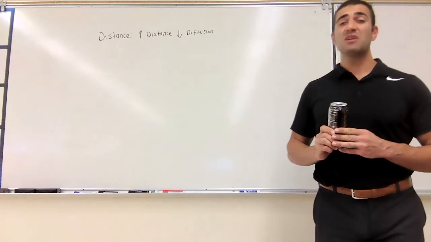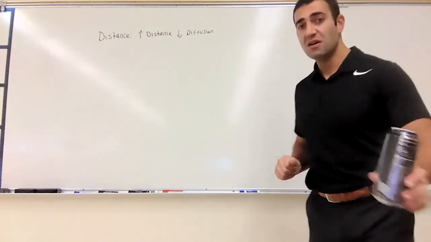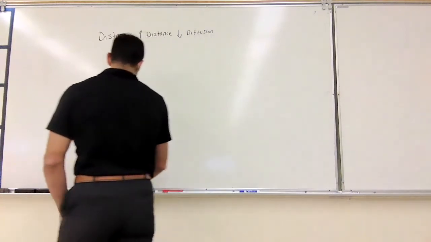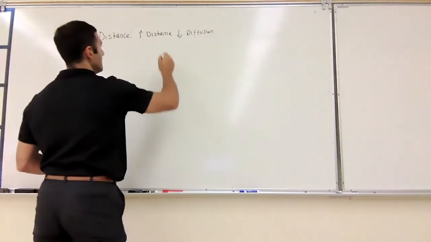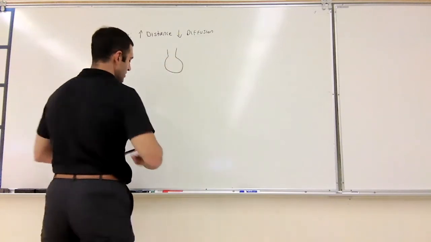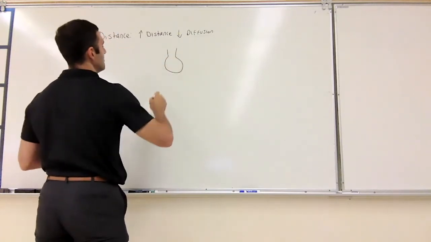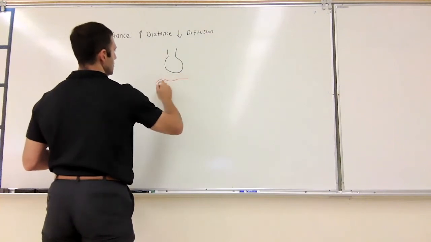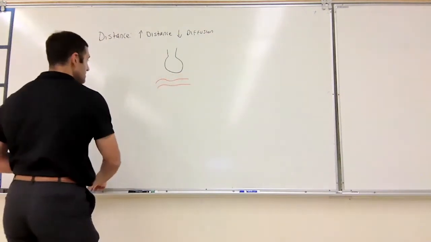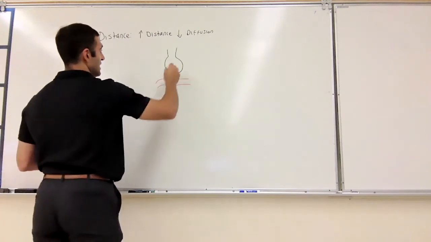Now, this is what occurs in a type of hypoxia called pulmonary edema. What happens here is that you have the alveoli, which is in this black bubble here, and then you have the blood. So this is how it looks under normal circumstances. And oxygen is going to diffuse from the alveoli into the blood.